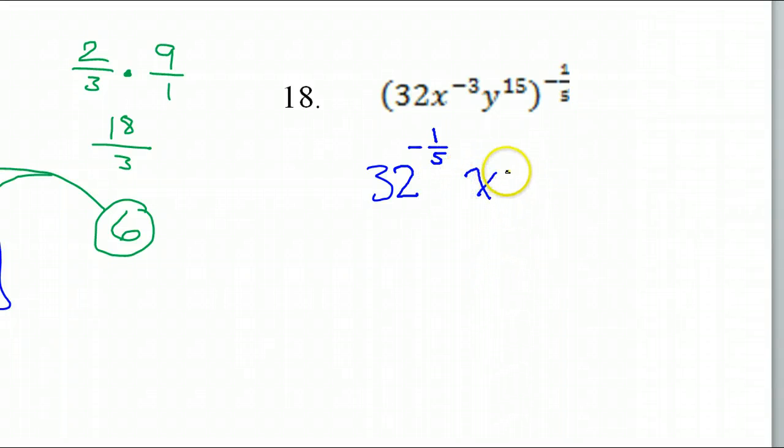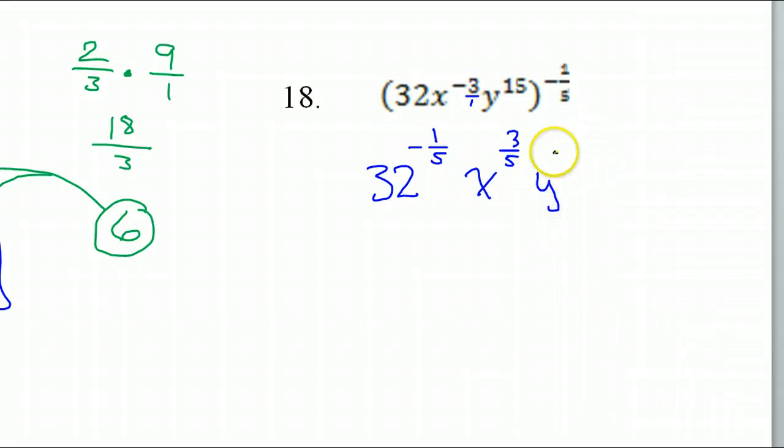Now I'm going to have x to the, now I'm multiplying. A power to a power, you multiply. So negative 3 times negative 1/5. That'll be a positive. A negative times negative is a positive, 3/5. Okay, because this is like 3 over 1.